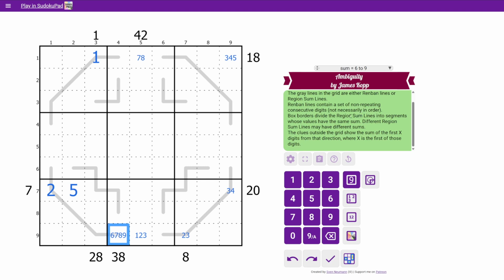Yeah, numbers can repeat on region sums line. They cannot repeat on Rinban. I have to figure out which one they are first. I'm leaning heavily toward this one being a region sum, but I can't prove it until I know this isn't a 6, or unless a higher number goes on the line.